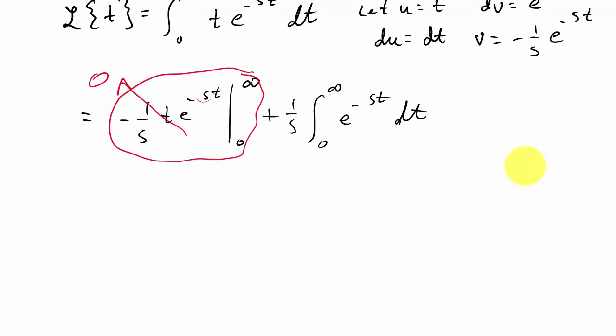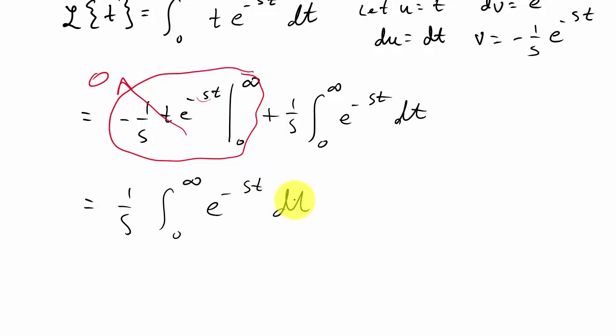Alright, so let's rewrite this. That's going to be 1 over s, integral from 0 to infinity, e to the negative st dt. Alright, so now let's integrate this. Well, that's going to give me the 1 over s, and then when I integrate this, that's going to be negative 1 over s e to the negative st, and I'm going from 0 to infinity.